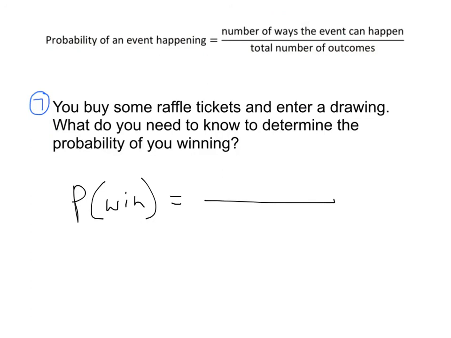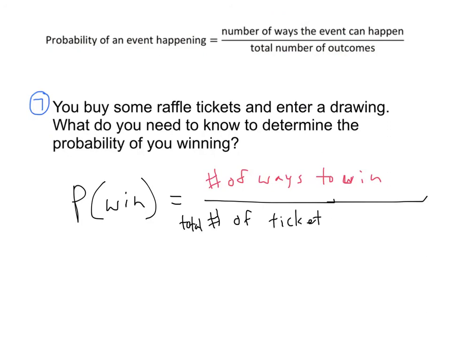The first thing we need to know, the top, is the number of ways to win, or in this case, more specifically, the number of raffle tickets we bought. And then on the bottom, that's the total number of outcomes, so we could say that's the total number of tickets. Not that hard, but again, I really want you to internalize this because when we get to more complicated ones, you really need to think about this idea.